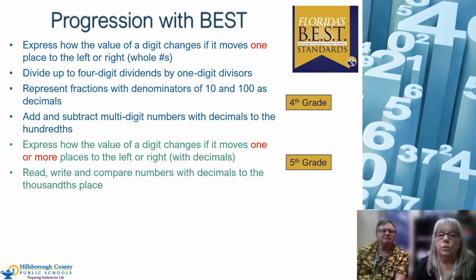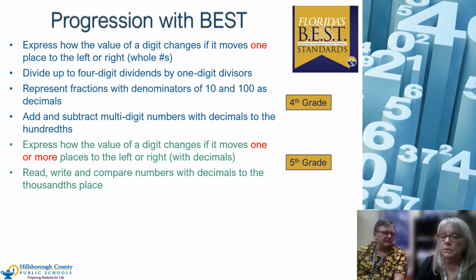And they've also worked with fractions with denominators of 10 and 100 and how we can turn those into decimals. This year, new to fourth grade, they were working with addition and subtraction of multi-digit numbers with decimals. That was new in fourth grade this year. So this year's fifth graders may not come with that understanding, but next year they will.